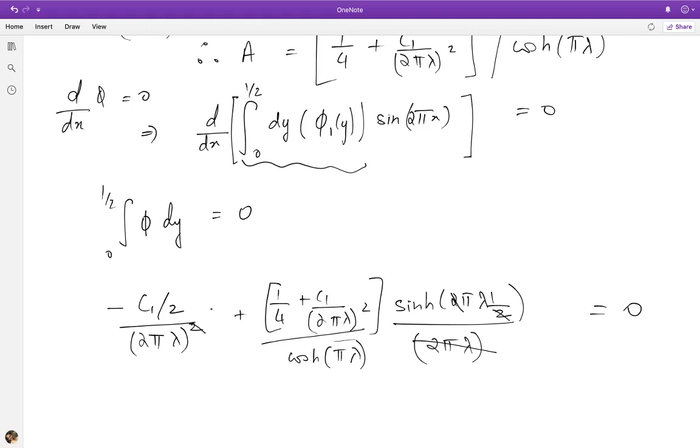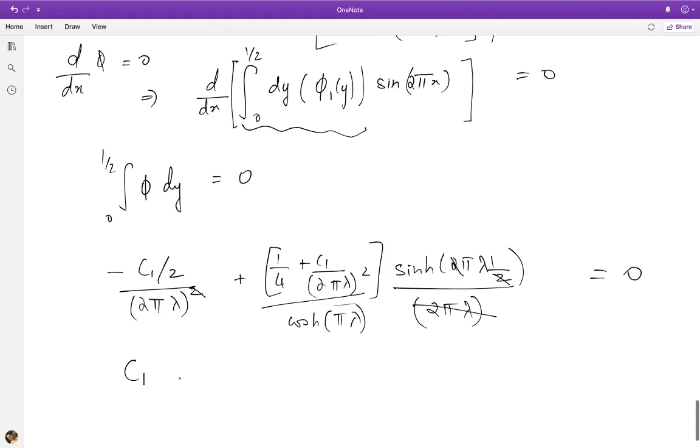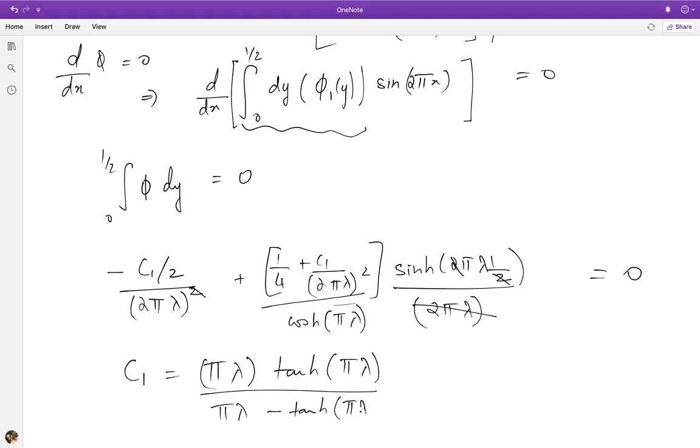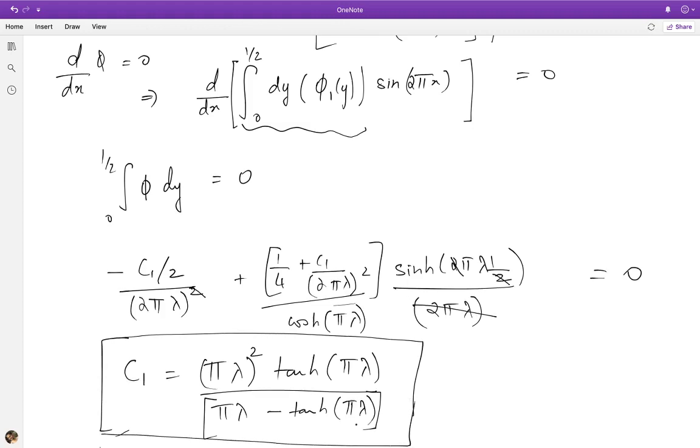If you rearrange this, expand it out, and collect terms of C1 on one side, I leave you to show that the final expression you get looks like this. And there is a square here, yes. So this is my expression for C1.